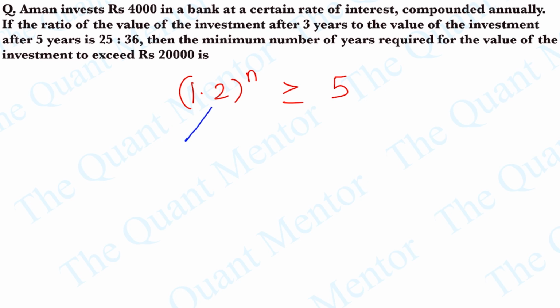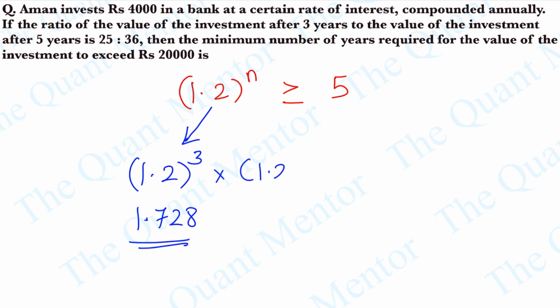A slightly better or logical way of looking at this would be, we must know that 12 cube is equal to 1728. So 1.2 cube should be 1.728. So if N was 3, it would still be 1.728 but not 5. If I multiply this again with 1.2 cube, it would be 1.728 into 1.728.